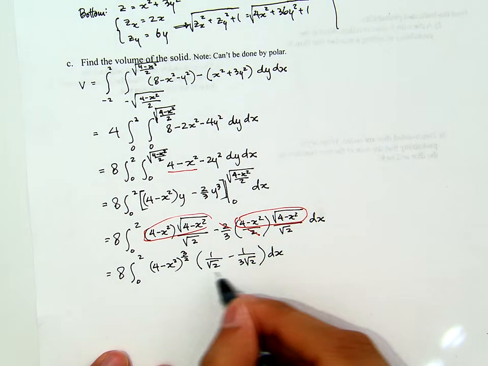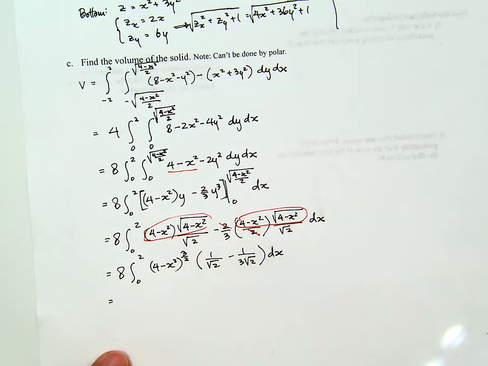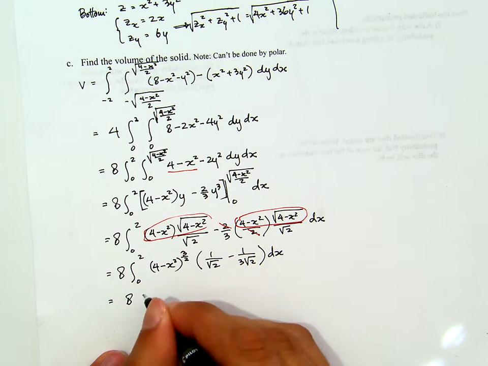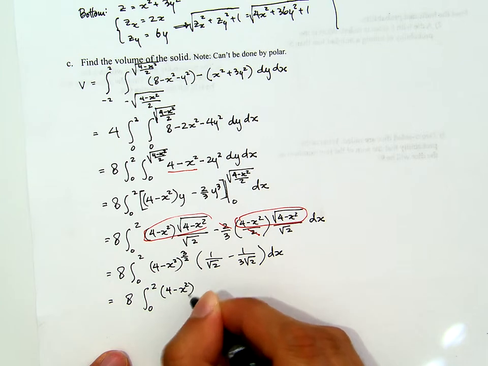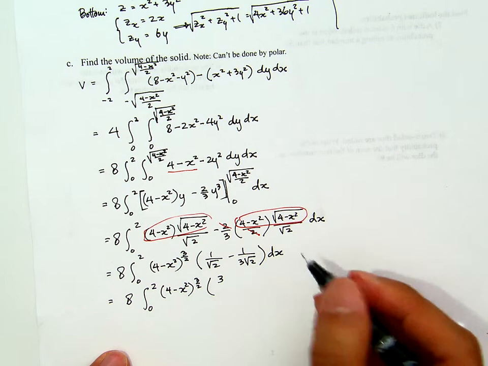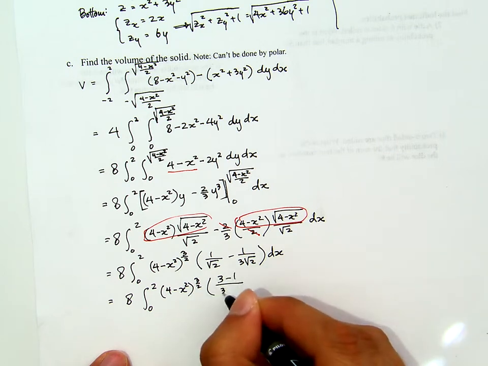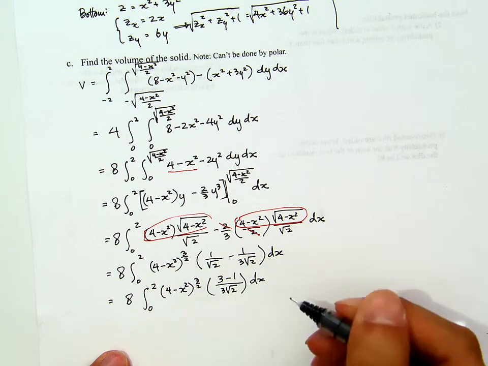Now we know this is kind of painful. If we compute this later on, you will see that it's 0 to 2, (4 minus x squared) to the 3/2, times 3 minus 1 over 3 radical 2, right?